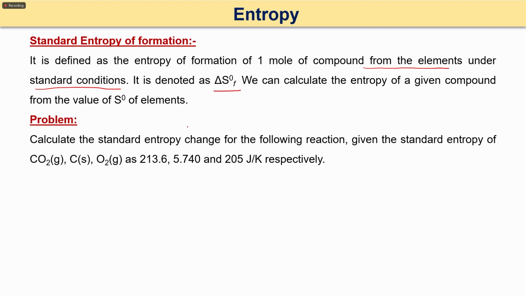So we can calculate the value of standard entropy of element. Let us solve this problem where it is given that calculate the standard entropy change for the following reaction. Given the standard entropy of CO2 gas, carbon solid, and oxygen gas as 213.6, 5.740, and 205 joule per Kelvin respectively.